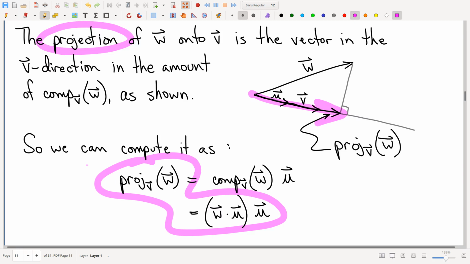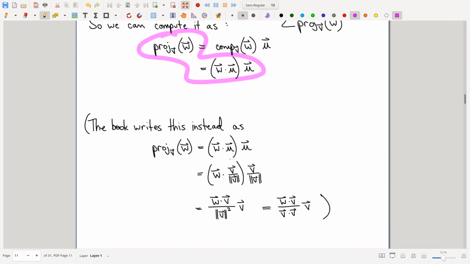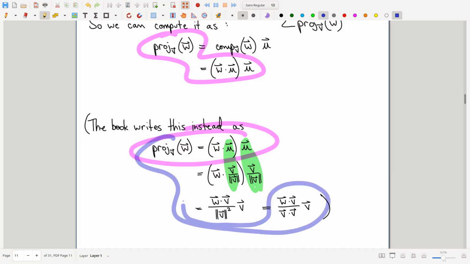All right. Now, an alternative version of the formula. Pros and cons. You can take this formula that we just wrote down and plug in the fact that the unit vector u is v divided by the magnitude of v, rewrite, move things around, and now we find ourselves with an alternative formula for the projection.